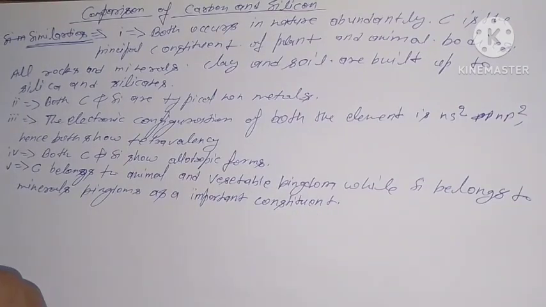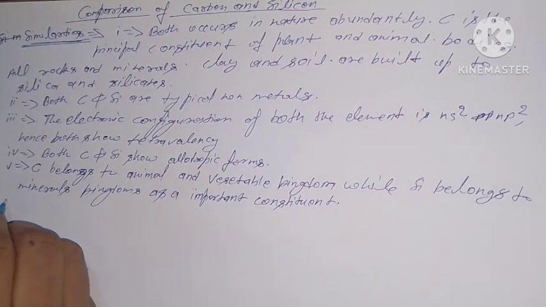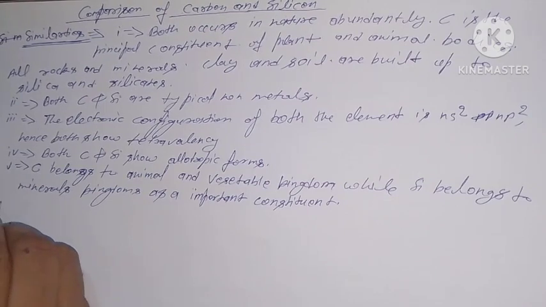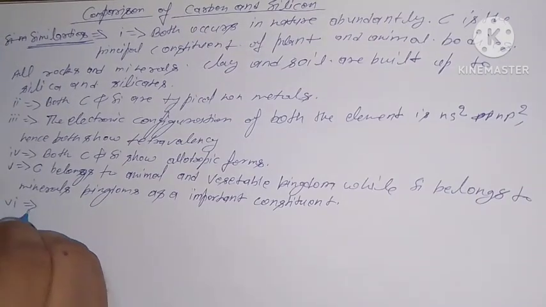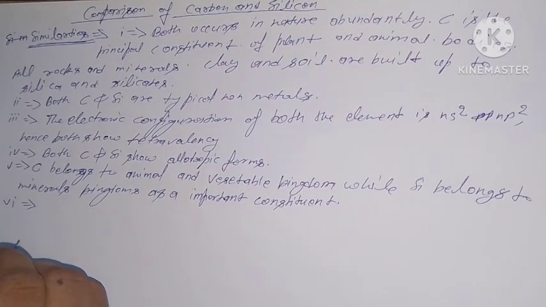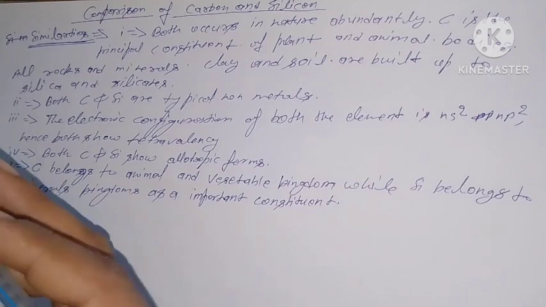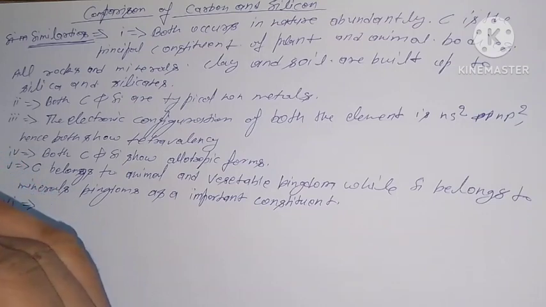Sixth point. Both form acidic oxides, carbon dioxide and silicon dioxide.